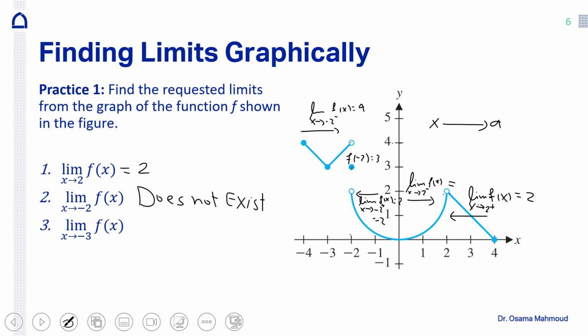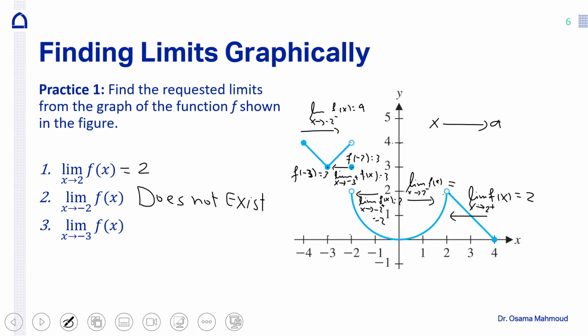At x equal to minus 3, my function is defined and is equal to 3. So f at minus 3 equals 3. When I come from the right, when x tends to minus 3 from the right, for f of x equal to what?